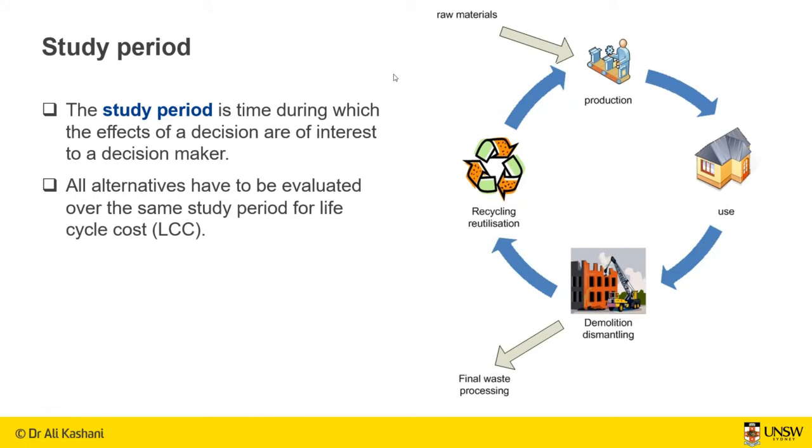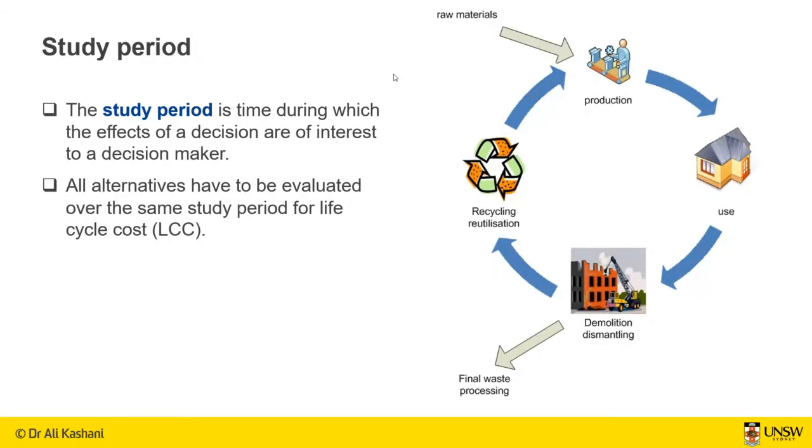The other thing about the study period, when you're comparing different projects: for example, let's say that you want to build a shopping center, or you want to build high-rise apartments, or you want to build a school. If you're looking at the different alternatives, they should be studied over the same study period.